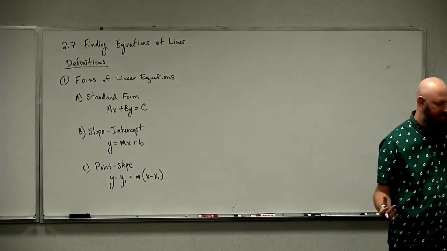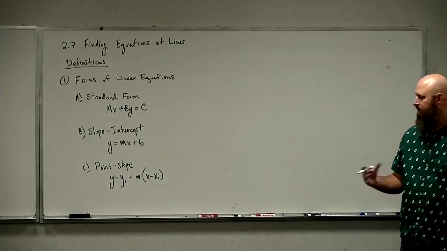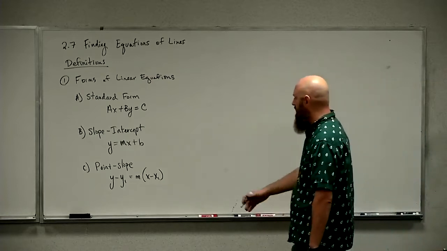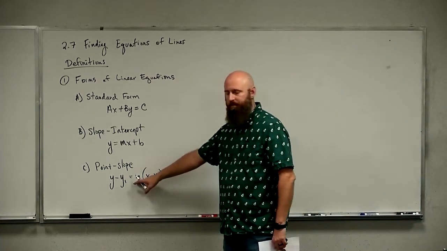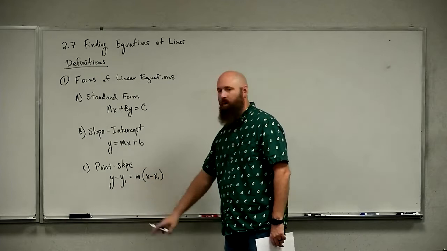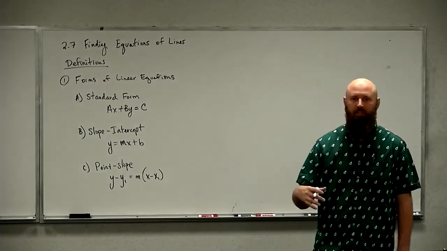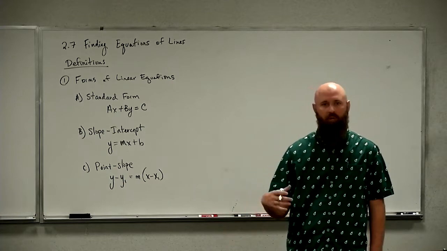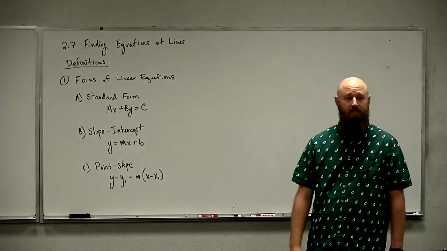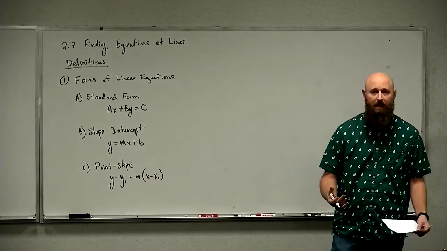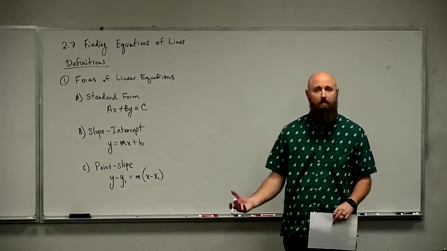The x and y without subscripts are always just x and y. m is our slope, and x1 and y1 is another point. So we're given the slope and some other point, we plug that in, get y by itself, and it gives us the answer. We just have to follow order of operations.